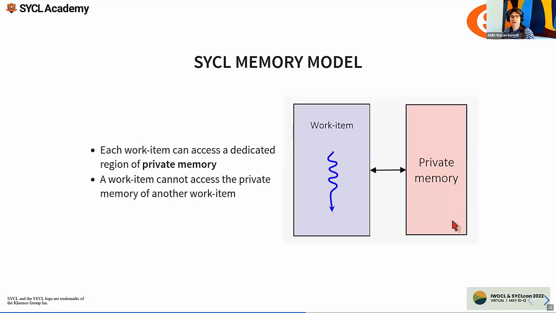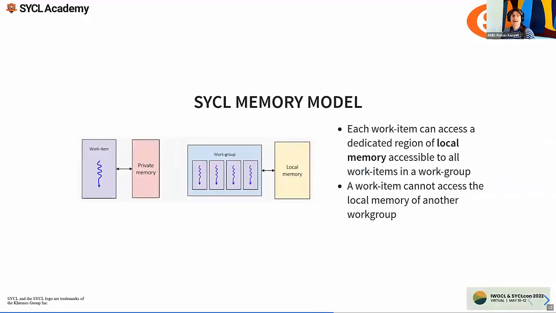So it cannot access the private memory of another work item. And we have another level, which is local memory, which can be accessed by any work item inside the work group. And a work item in a work group cannot access the local memory of another work group.